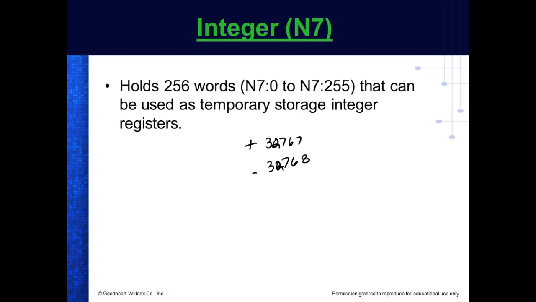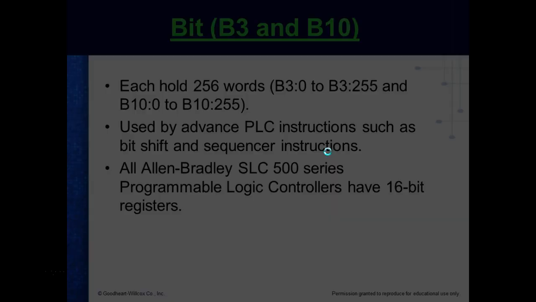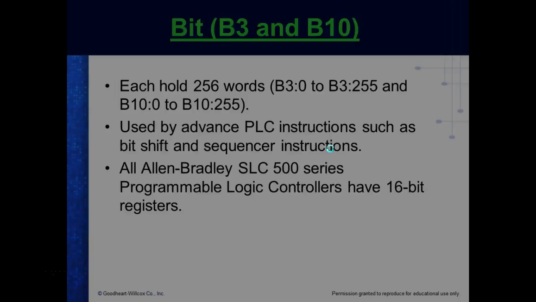Your counters are limited by this range. Your up-down counters on these smaller PLCs, 32,000. Are we okay?